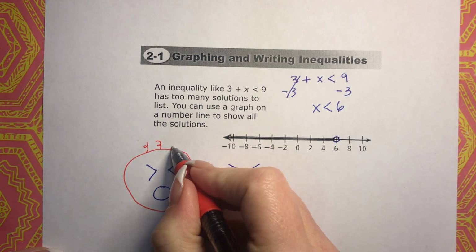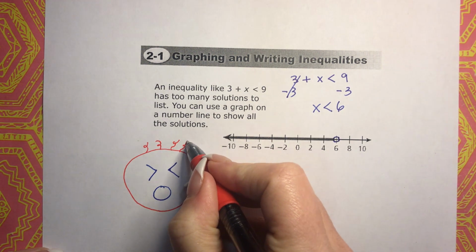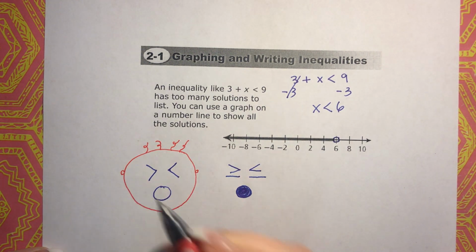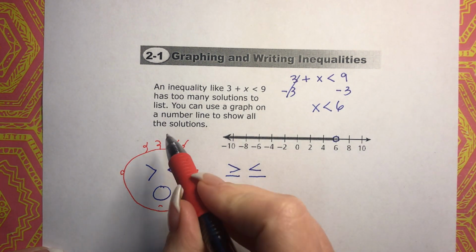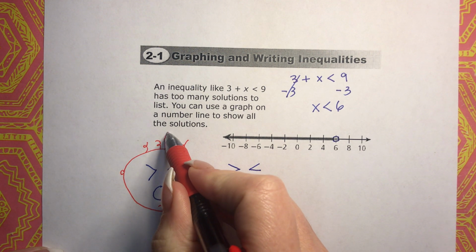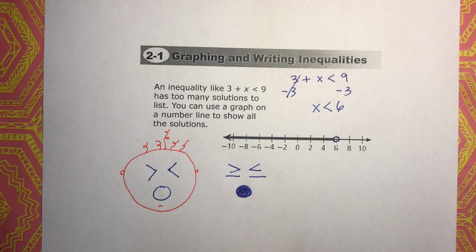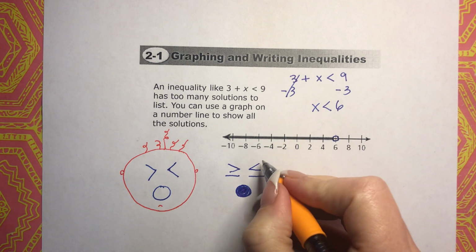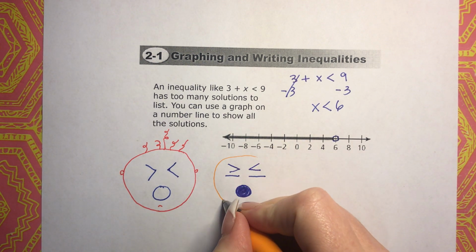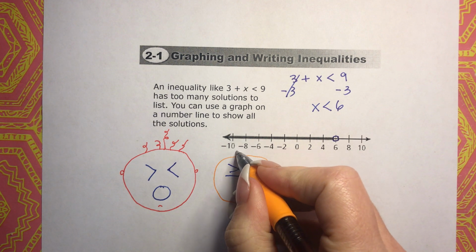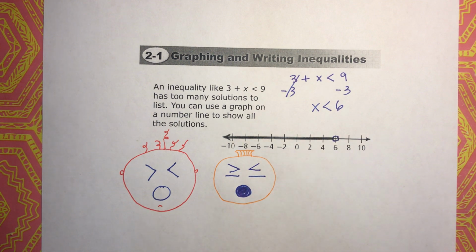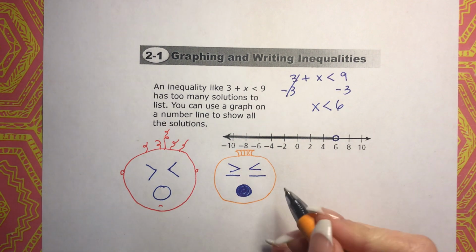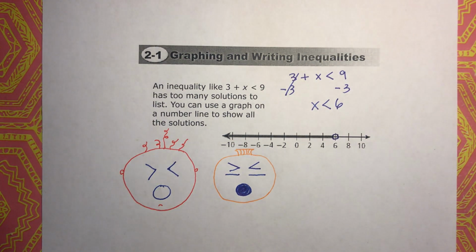Maybe this is a baby. It's just a baby inequality emoji. And this one is the same thing, but it seems a little more dramatic. Maybe I'll give him a little mohawk. Oh man, now it looks kind of like a pumpkin. But yeah, those are my favorite things, my little inequality emojis.